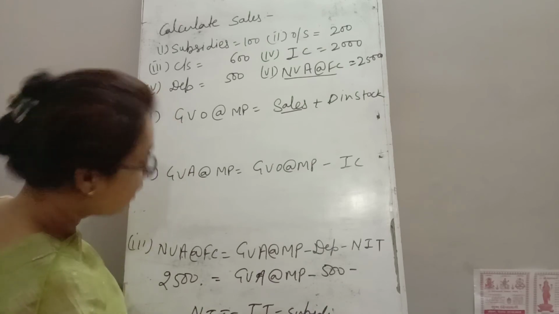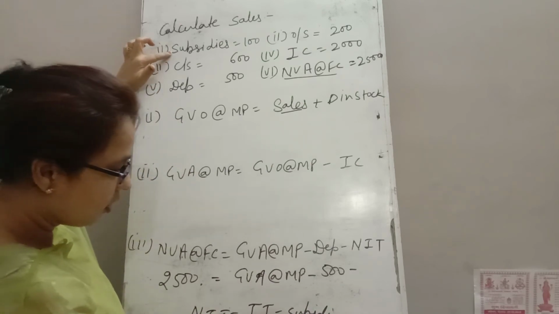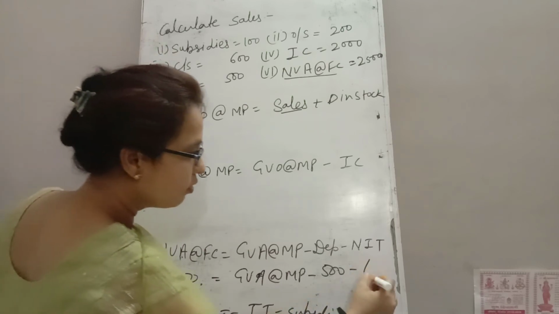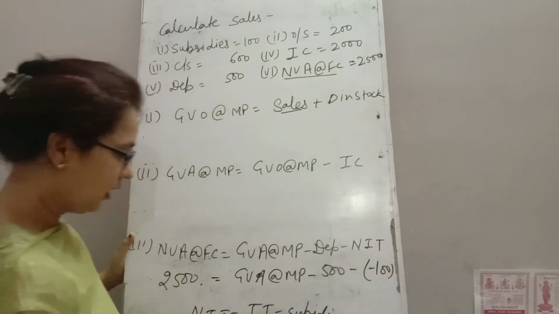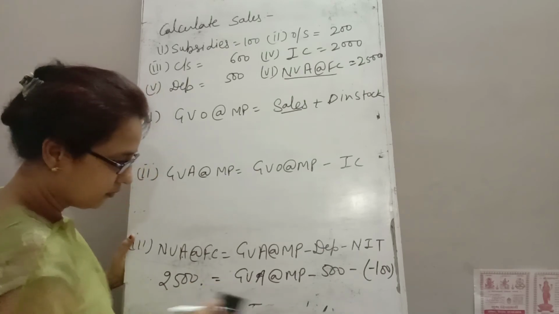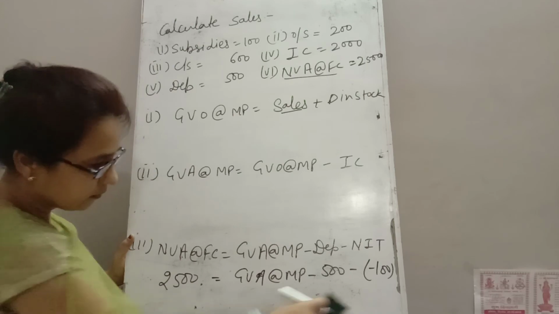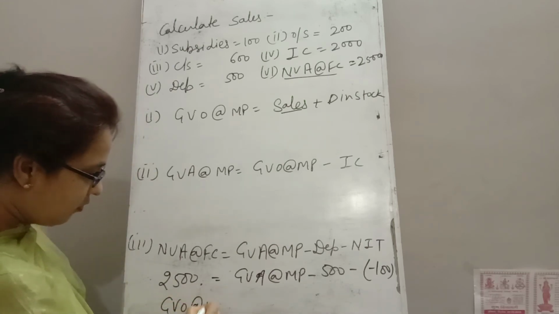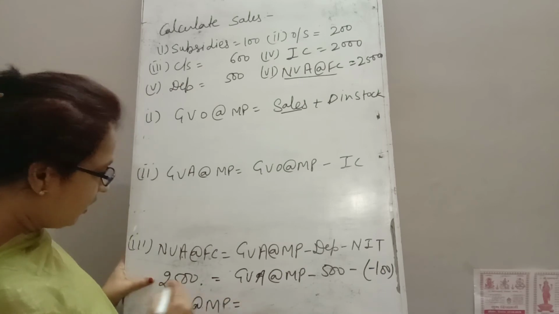IT is not given. Assume that is 0, subsidies 100. It means net indirect taxes will be minus 100. So, clear? GVA at MP will be GVO at MP. How to calculate?